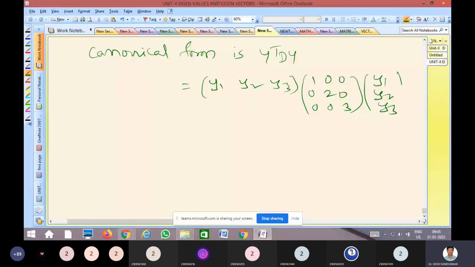This matrix multiplication is possible, and after multiplication the answer is y1 square plus 2y2 square plus 3y3 square. This is the canonical form. You can observe that this canonical form is a sum of square terms in which the product terms are missing.